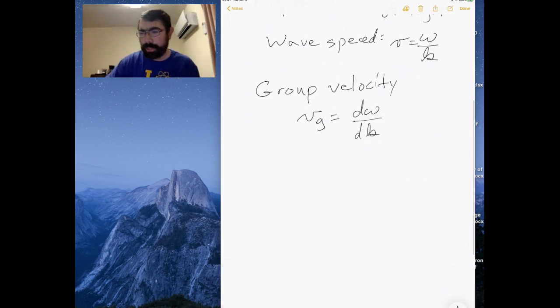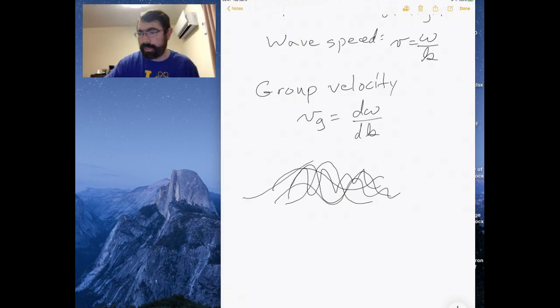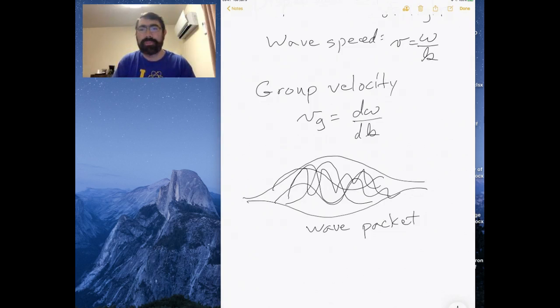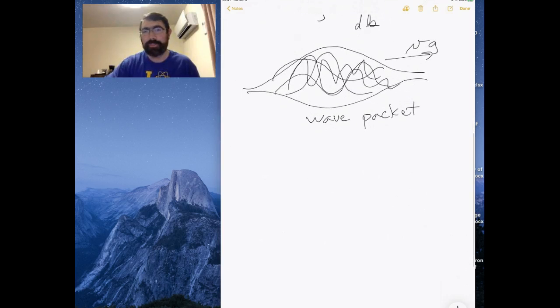If you think about it, I've got a wave coming in of one wavelength, and another wavelength, and another wavelength, and basically all of these waves will add together and make this group, this wave packet. So each individual wave has its own velocity v, but the entire wave packet taken together moves with a group velocity v sub g.